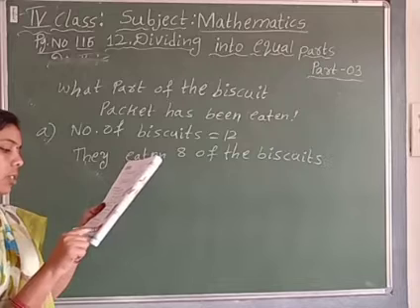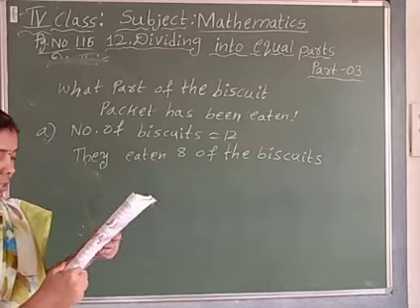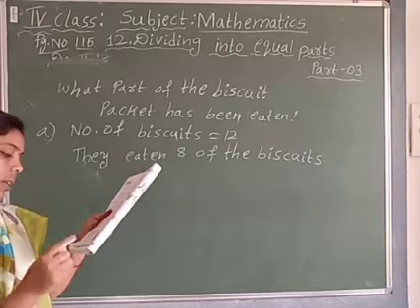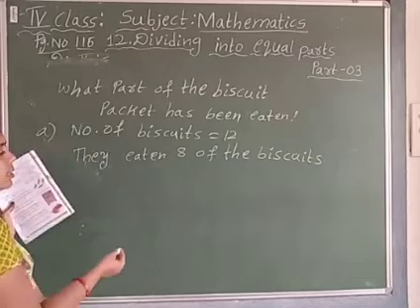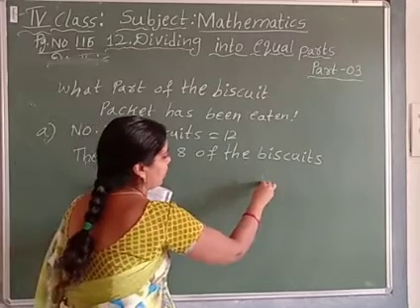So how many parts? So 12 and 8 means, see here, suppose I am drawing some boxes like this.